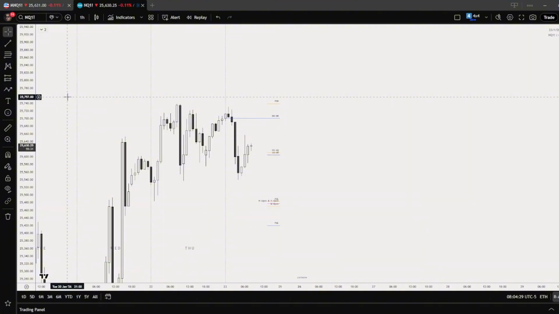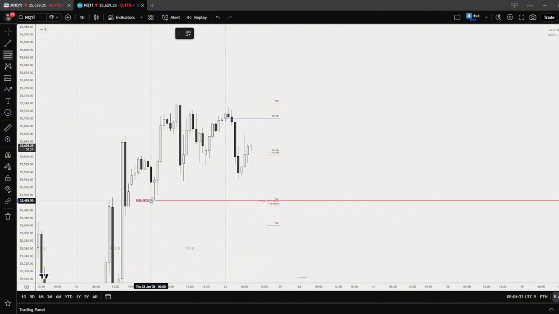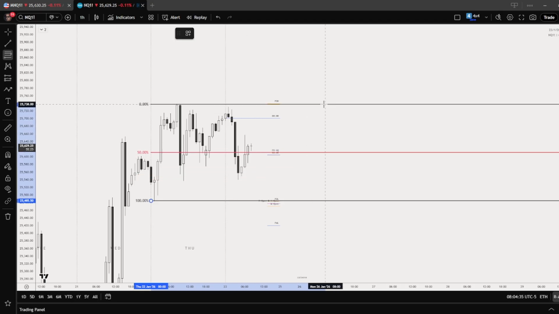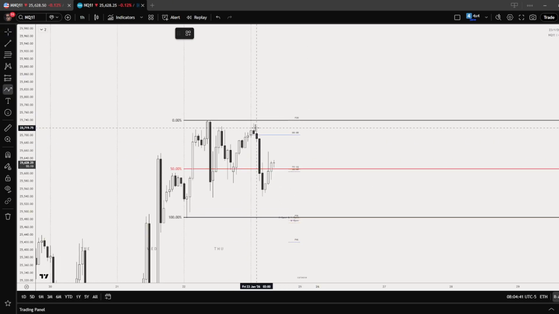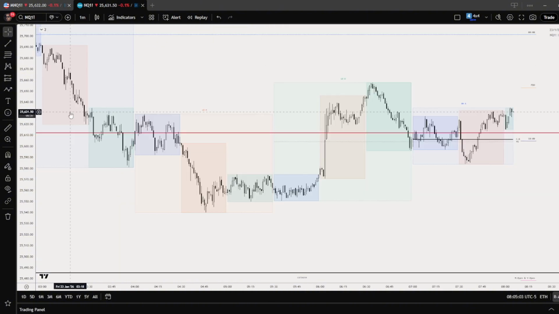Also, coming back to the Fibonacci, mark out the 50% of the previous daily range. If you are bullish, you want price to open low, form a low of the day, and then trade the distribution towards the previous day high.